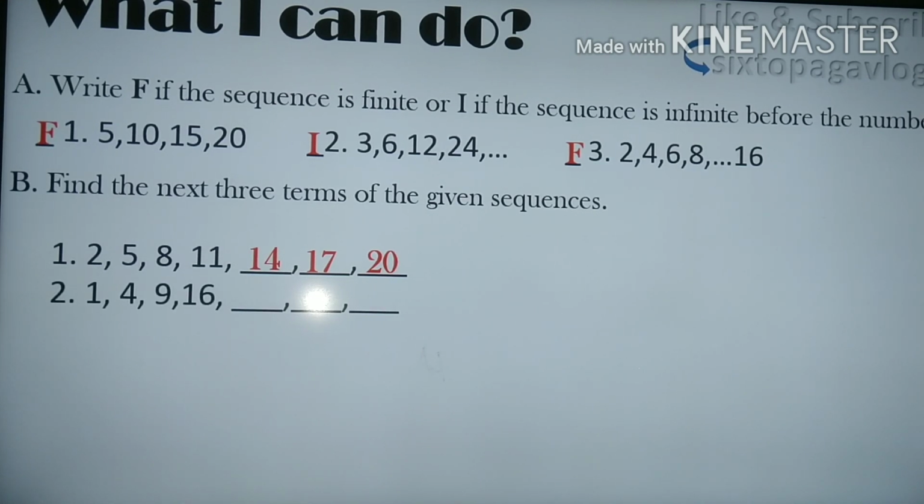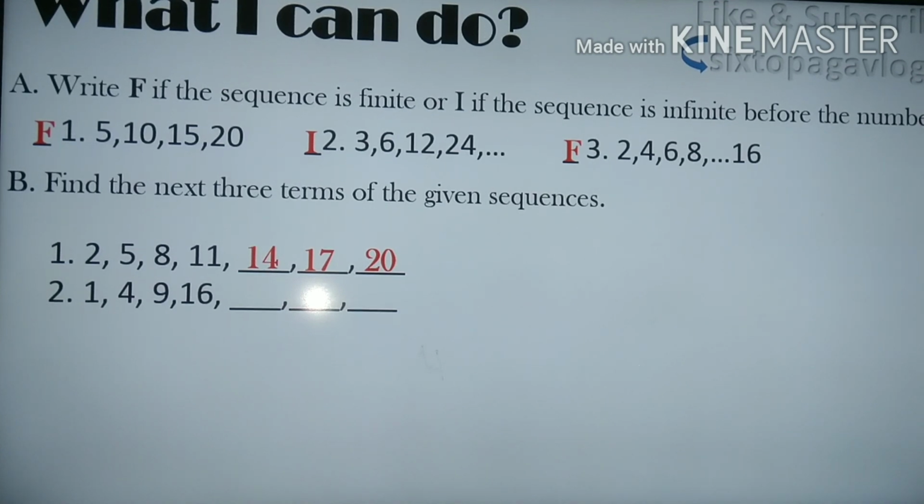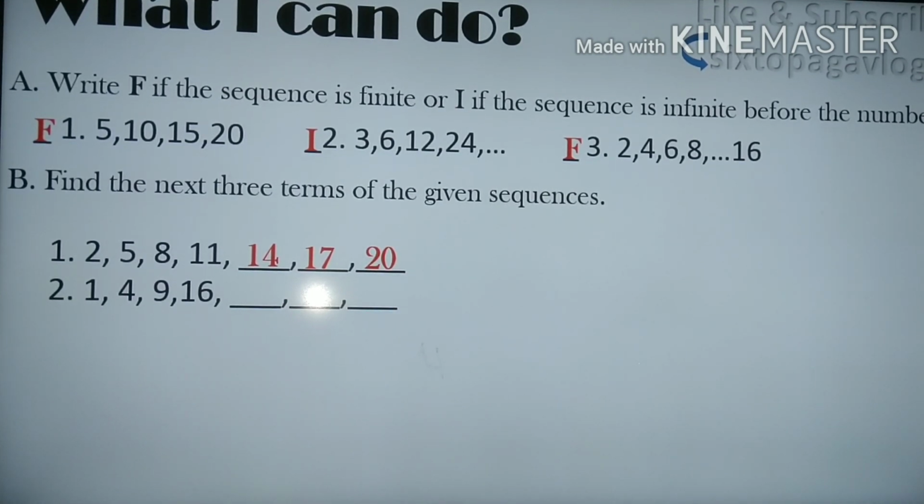Next example. Second example: 1, 4, 9, 16. Okay, so let's pause again. Try to solve, guys. Okay, here's the answer. We have 25, 36, and 49.